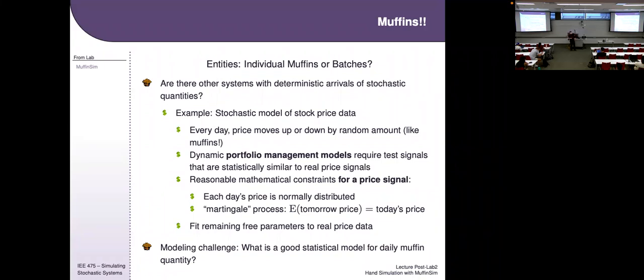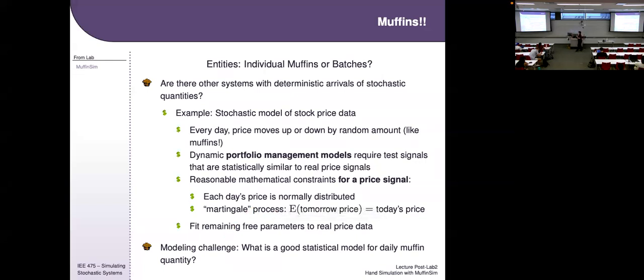It'll be very rare. It'll probably be close to 100. So the distribution around the previous day's price is normally distributed. But if you zoom out, it allows the price over a long period of time to float very high and get very low. And if you use that constraint, then you can fit the remaining parameters, i.e. the variance of that normal distribution, to actual price data.